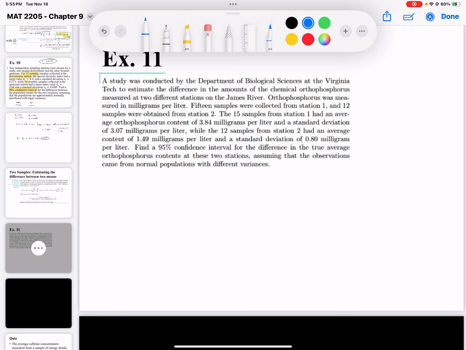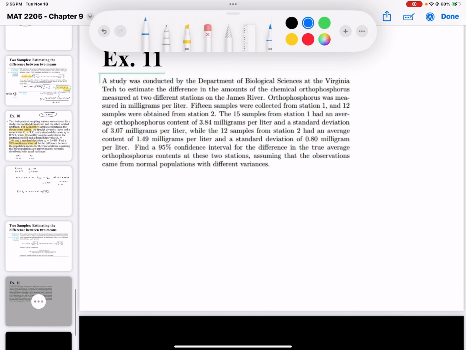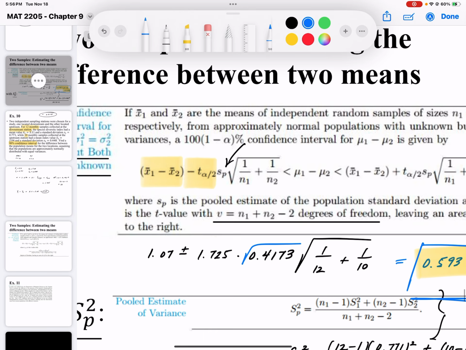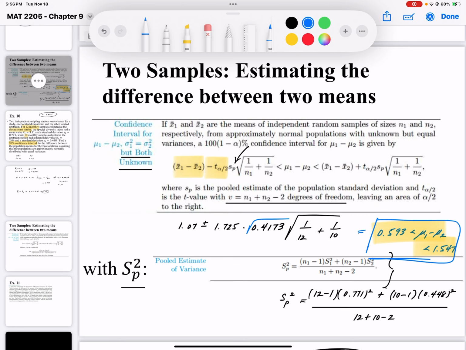And I'm noticing that this one is virtually identical to the one that we just finished. The only difference is, instead of both of them being known, this one is unknown. So instead of z sub alpha divided by 2, like this one, oh, actually, it does have t sub alpha divided by 2 as well.